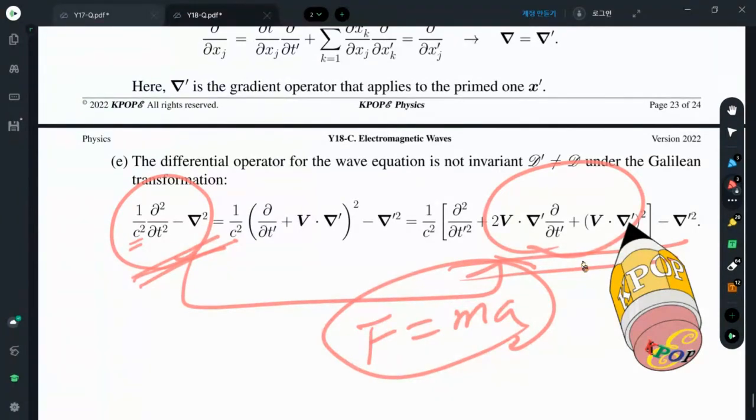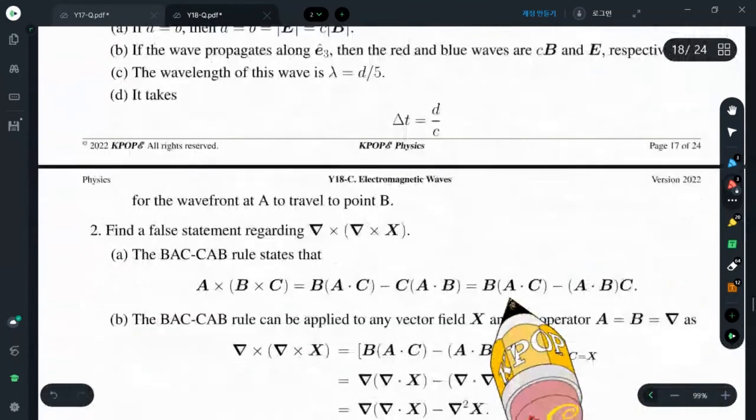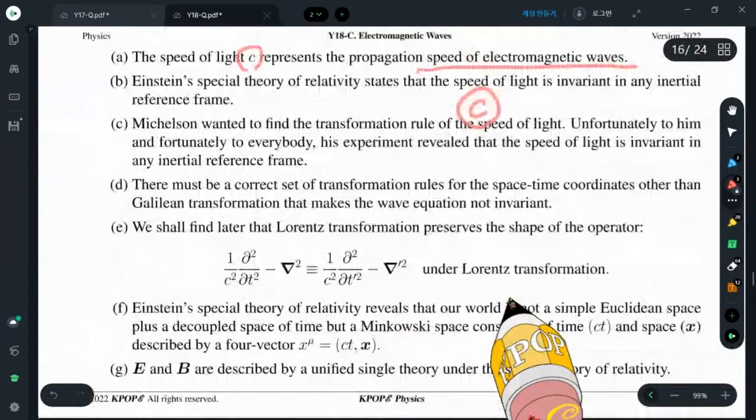That means the Galilean transformation does not work for the electromagnetic field because the electromagnetic field is traveling with the speed of light, and Newtonian mechanics cannot tell you anything about the motion of a particle moving with the speed of light. This is a complete breakdown of Newtonian mechanics, and we need something new. That is the relativity introduced by Einstein.